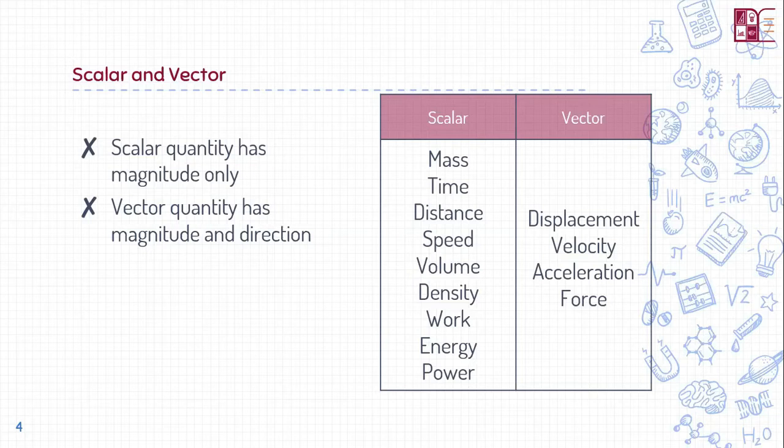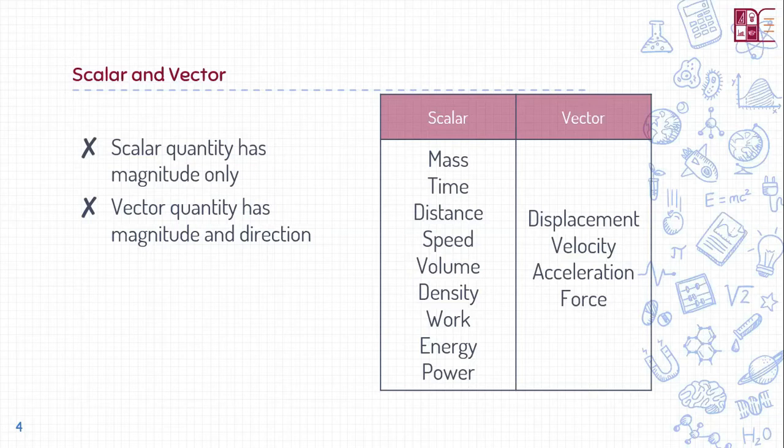This is the major difference between a scalar and a vector quantity, that a scalar quantity only has magnitude, while when we're considering a vector quantity, it is very important that it has to have a direction as well. So the different quantities are listed here, such as mass, time, distance, speed, volume, density, work, energy, and power.